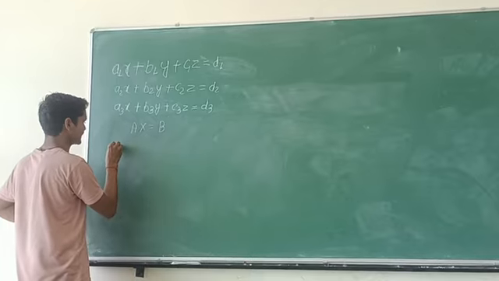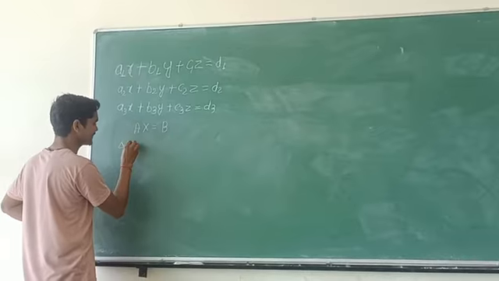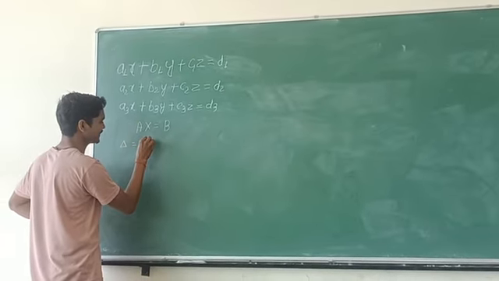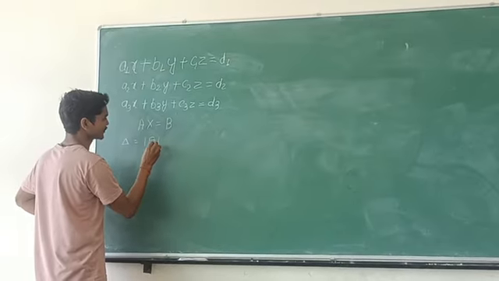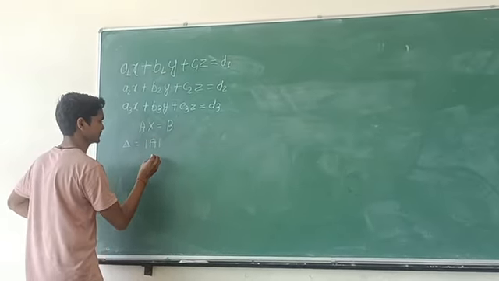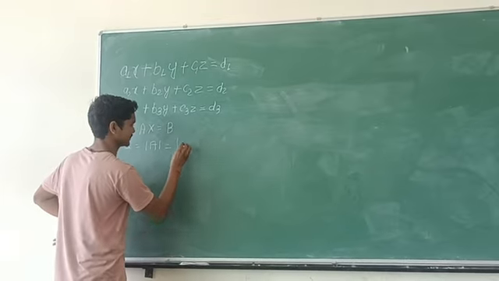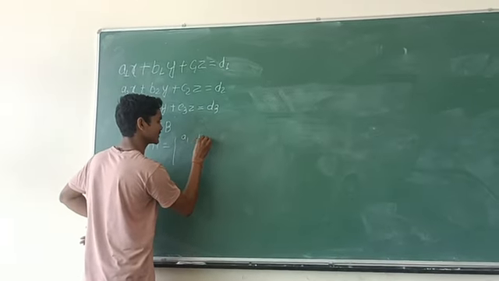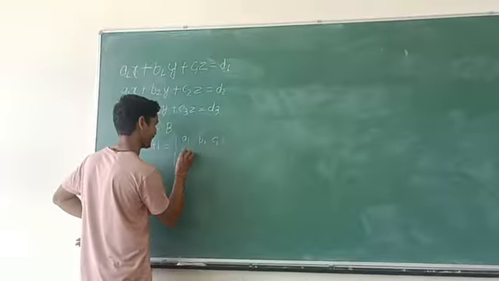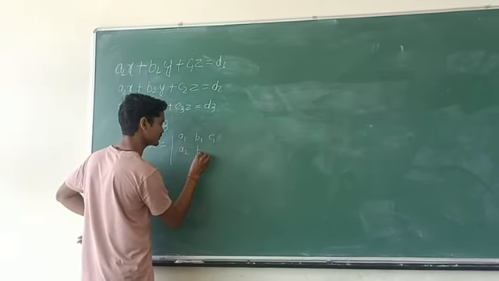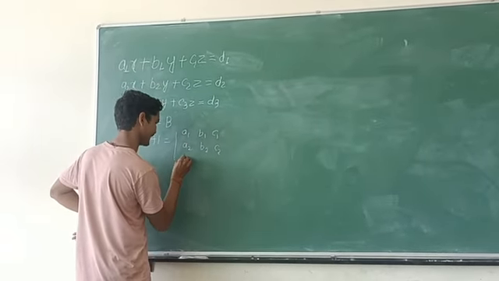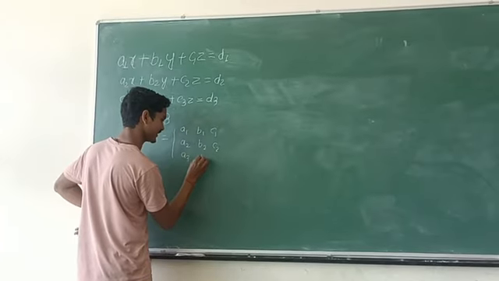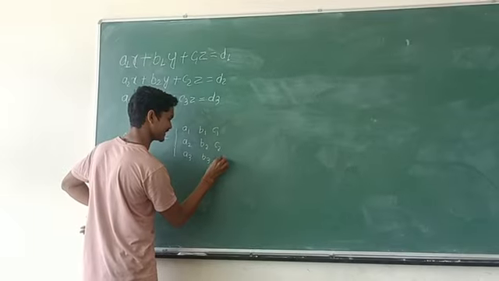And we define delta. Delta is the determinant of A, the coefficient matrix: A1, B1, C1, A2, B2, C2, A3, B3, C3.